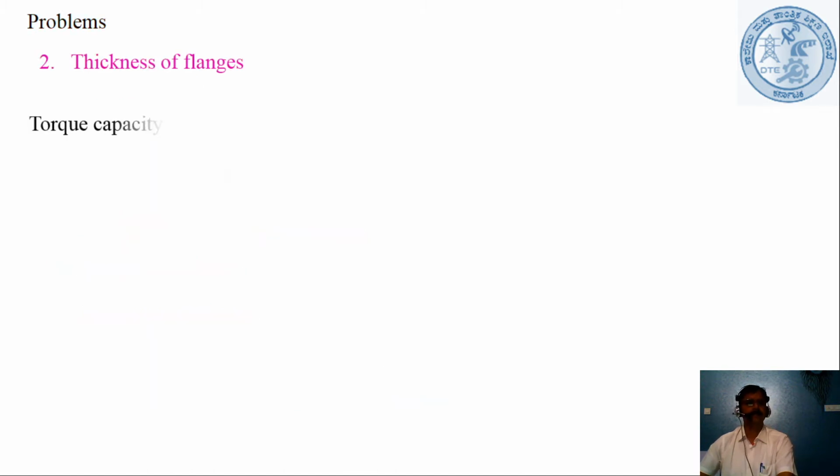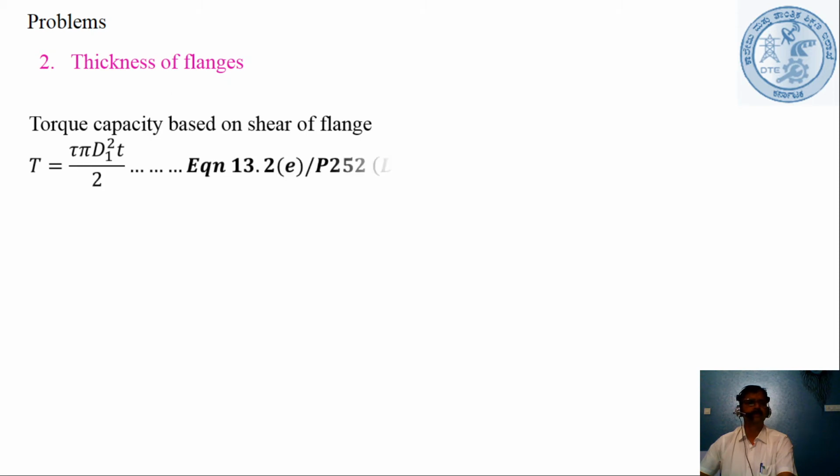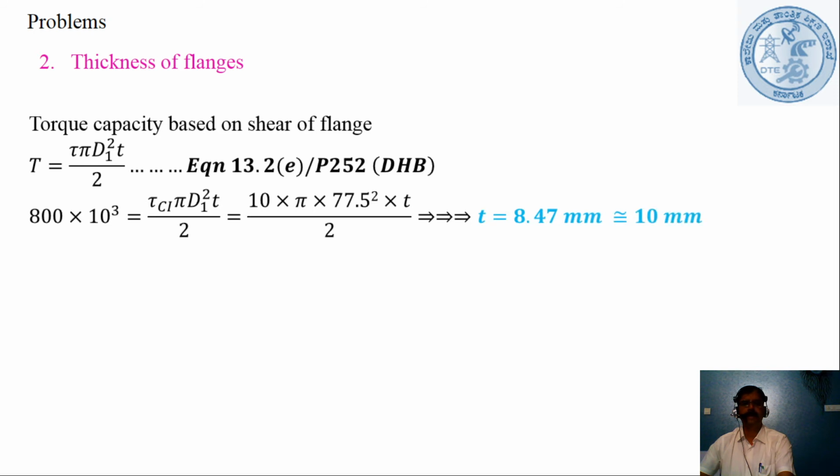Thickness of the flange: torque capacity based on the shear of the flange. T is equal to tau into pi into D1 square into t divided by 2. This is equation 3.2E on page number 252 of the data handbook. Substitute here and calculate the thickness. Finally, rounding up to the next even number, t is equal to 10 millimeter.